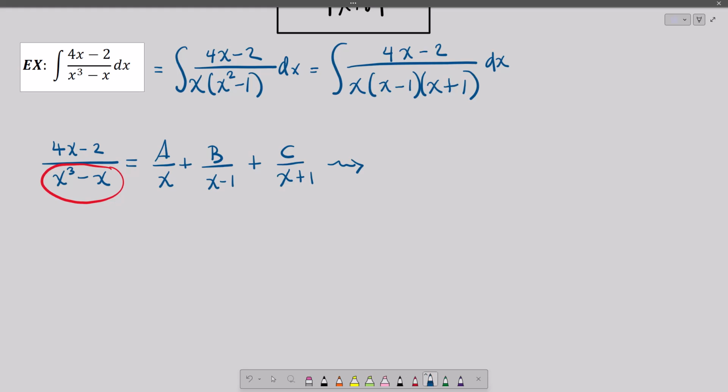When we multiply the left side by that denominator, we get the numerator. When we multiply it by the right side, one of the x's cancels, so we'll be left with x minus 1 and x plus 1. So a times x minus 1 times x plus 1.